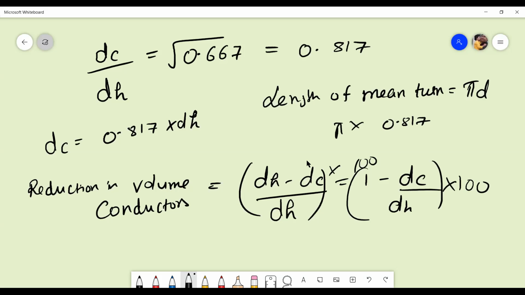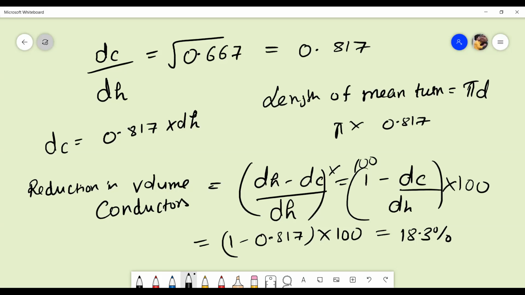So this will be equal to 1 minus 0.817 into 100, that is around about 18.3%. So this is the answer for the second part.